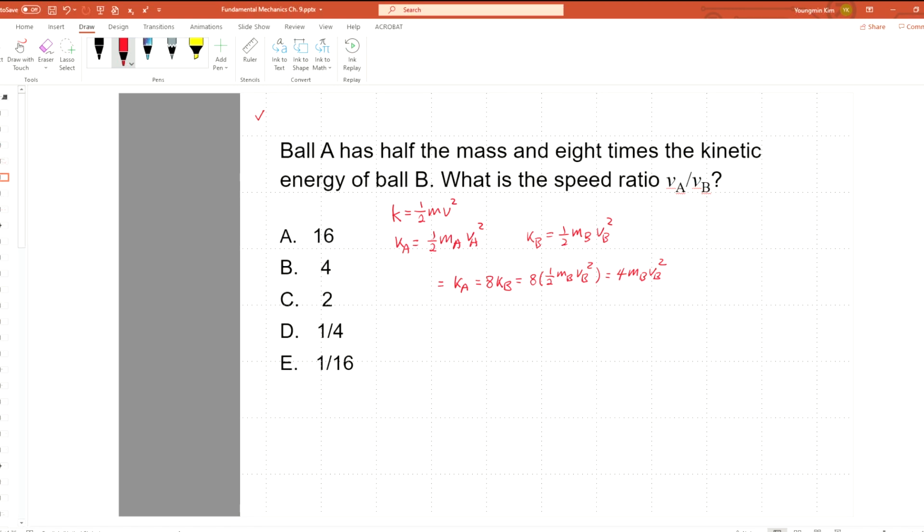And this side of the equation is still 1/2 MA VA squared. Now, we just need to get rid of the masses, then we only have the velocities here.